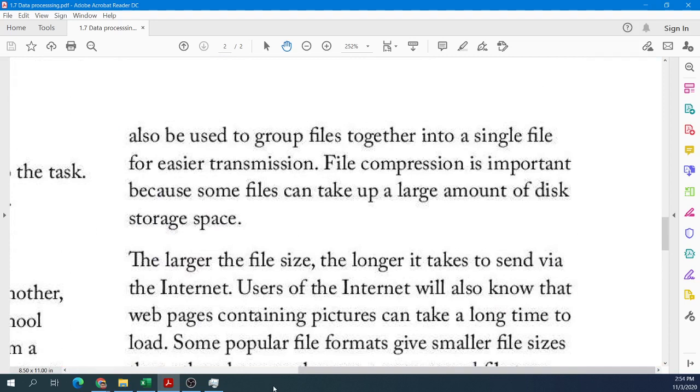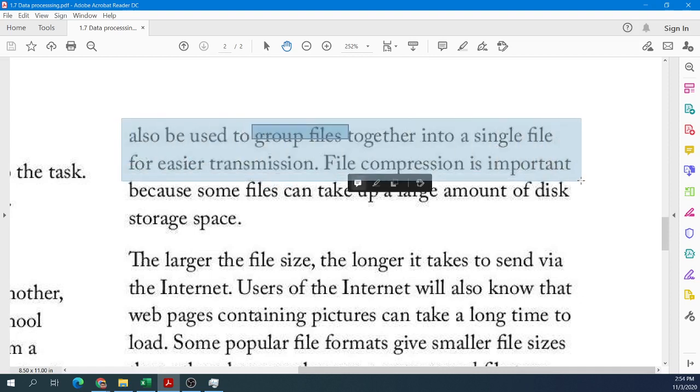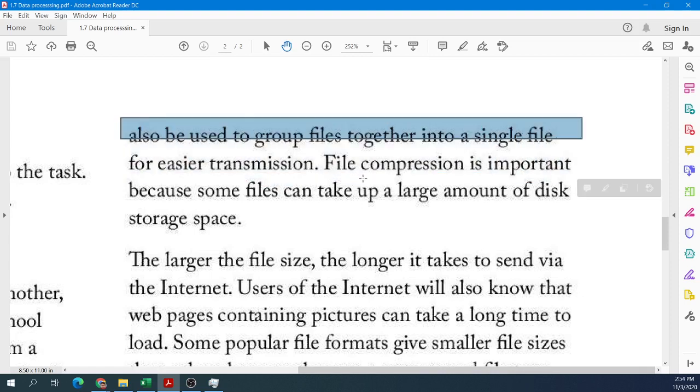Now, another use of file compression is being able to group multiple files together so that you can send a single file. For those of you who might be familiar with downloading games, you would notice that the files for those games are inside of a single file.